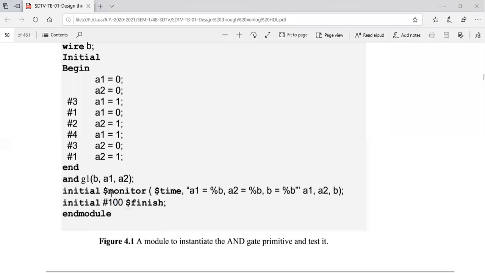The initial block starts from the 0th unit of time, you continue that simulation for only 100 units and then you finish. Finish is permanent; that means for that particular program, suspend the simulation.